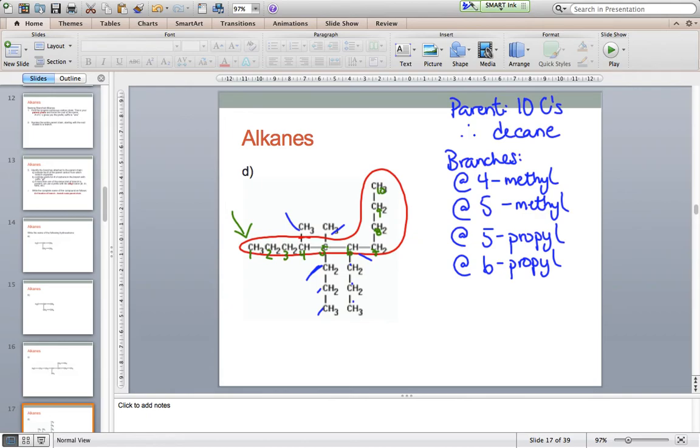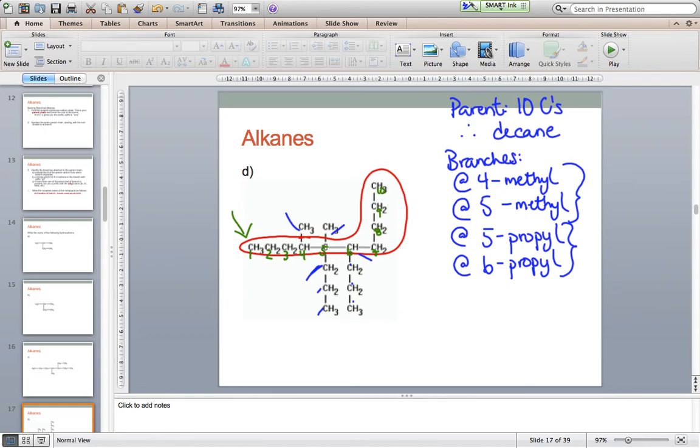So if we have 2 of something, we would say di. If we have 3 of something, we would say tri. 4 of something would be tetra, and so on. I can't think of a time I've seen more than 4 of the same branch in a compound. So here I have 2 methyl groups, I have 2 propyl groups.